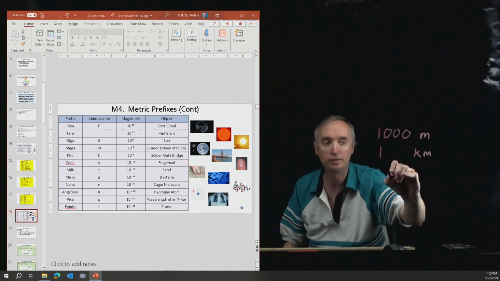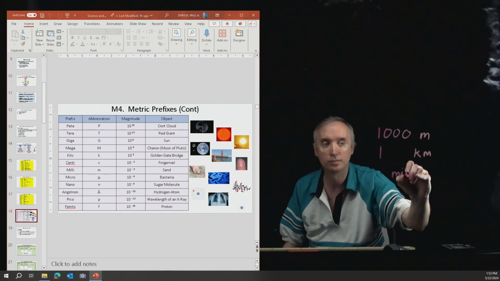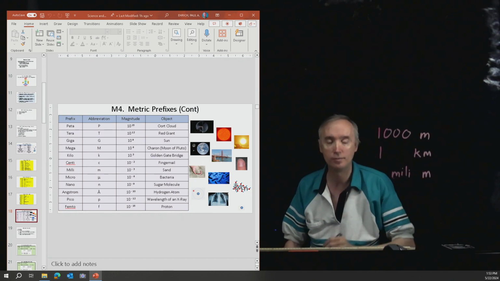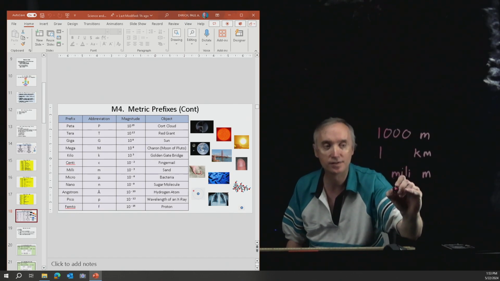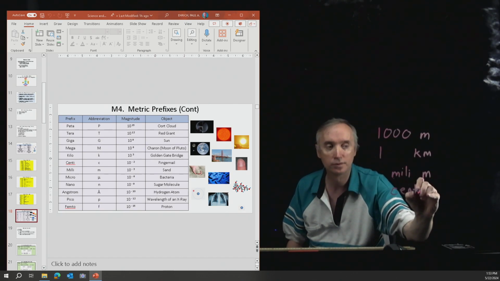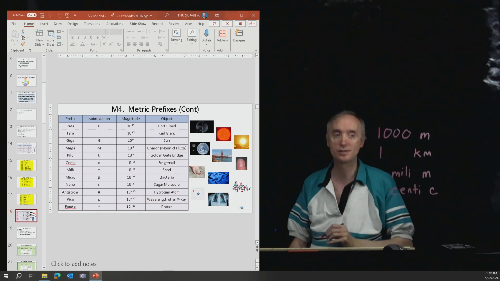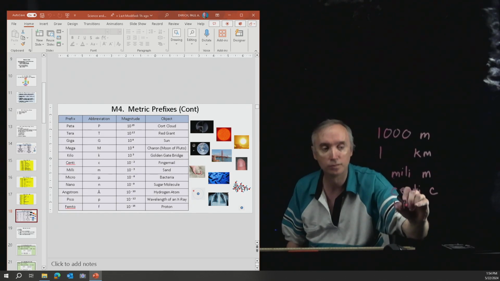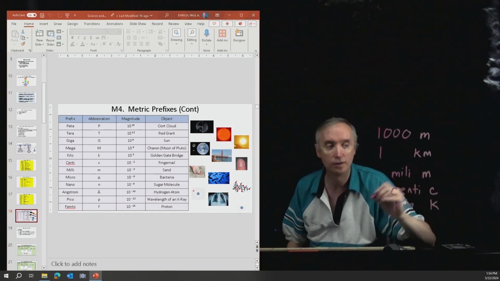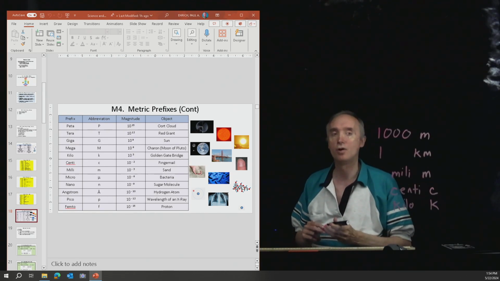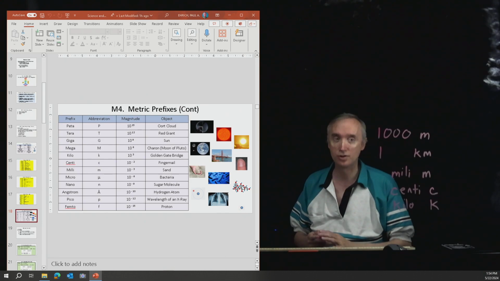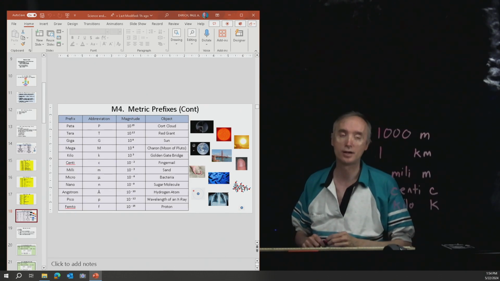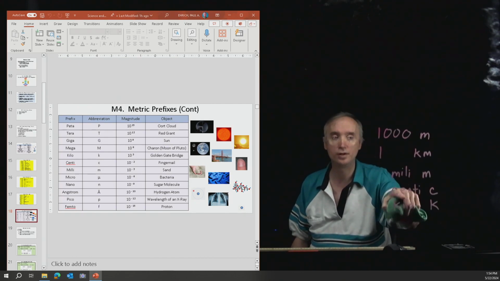That's going to be milli, abbreviated by the letter M, and then centi, abbreviated by the letter C, and then again kilo, which is going to be abbreviated by the letter K. Those are the only 3 that you're going to need to know as far as I'm concerned in any of my classes. But this chart shows you that there are other ones. So let's just start off with these 3 here.